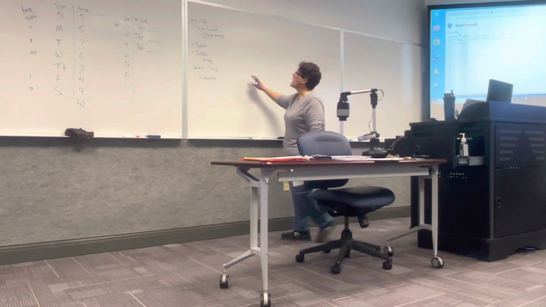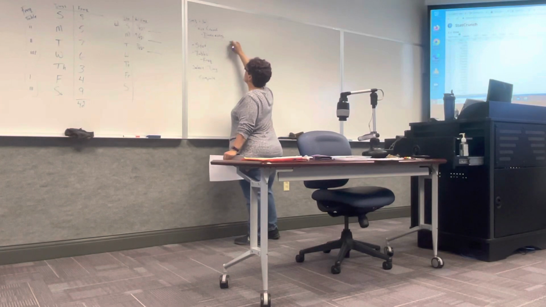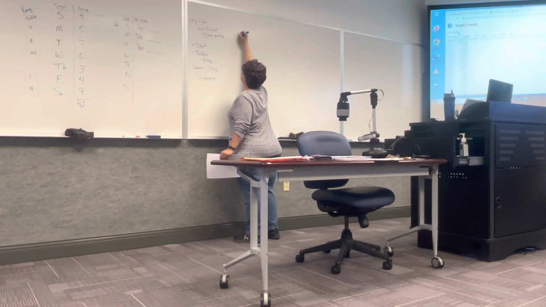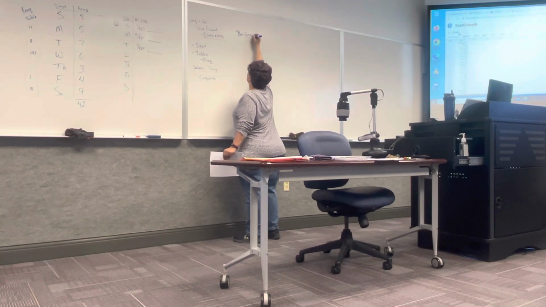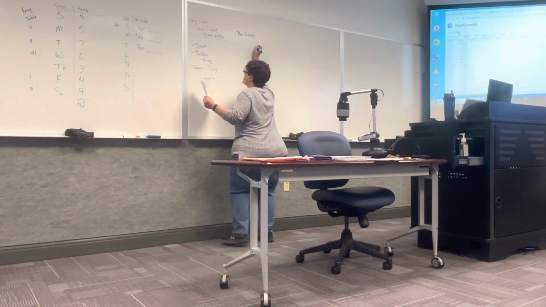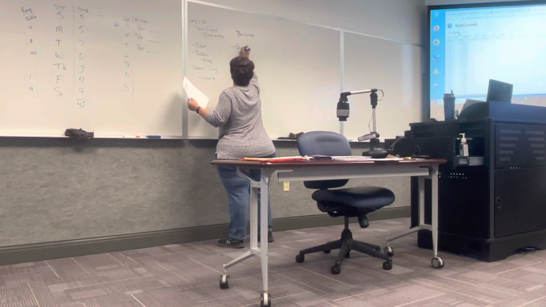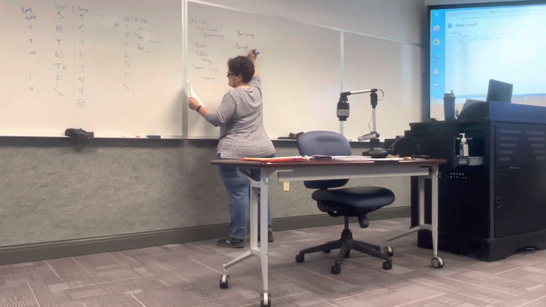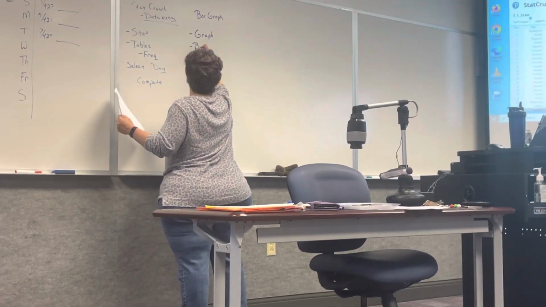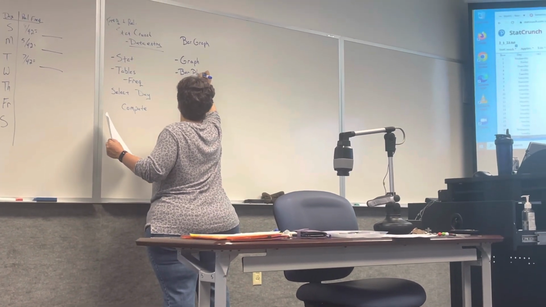We still start out with StatCrunch and the data entry, and it shows them right there. But we're going to select Graph, Bar Plot.